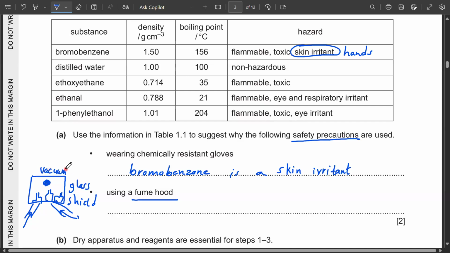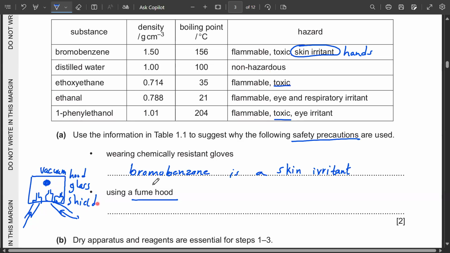This vacuum is used to remove all the vapors which are collecting inside this hood. Since the reaction is such a type that the vapors are toxic, these toxic fumes have to be eliminated from the hood.